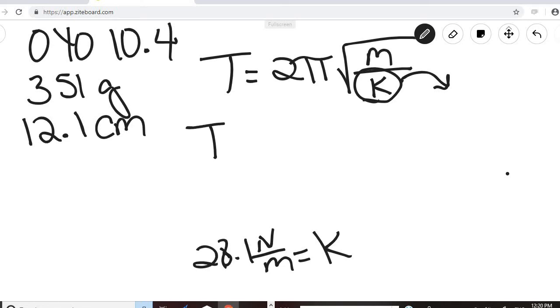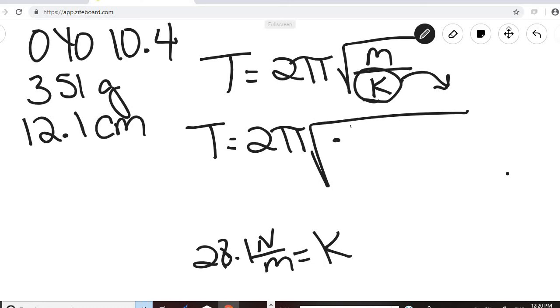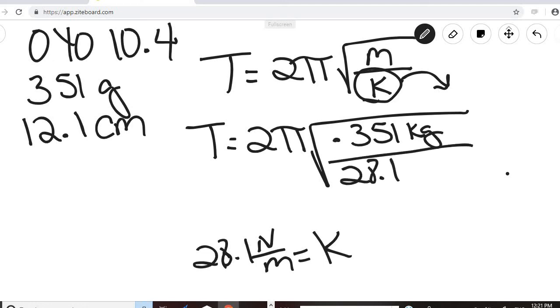So T is equal to 2 times pi times the square root of the mass, 0.351 kilograms, divided by 28.1 kilogram meters per second squared over meters.